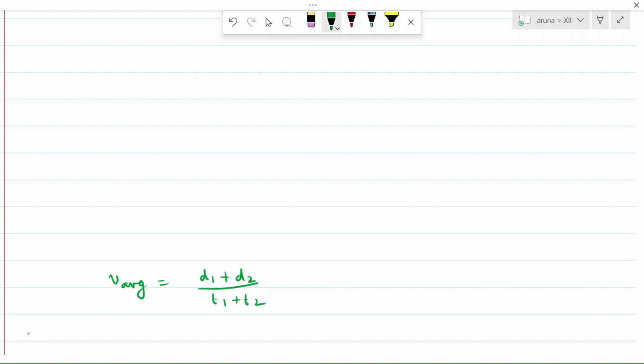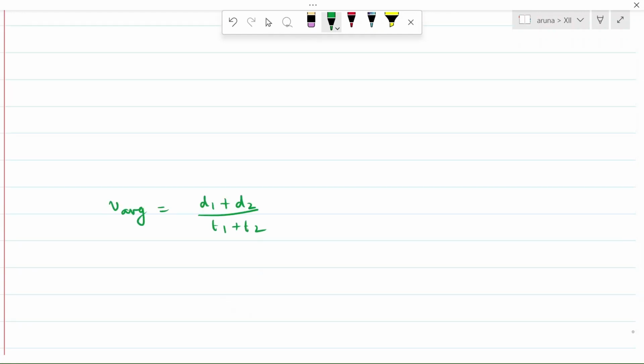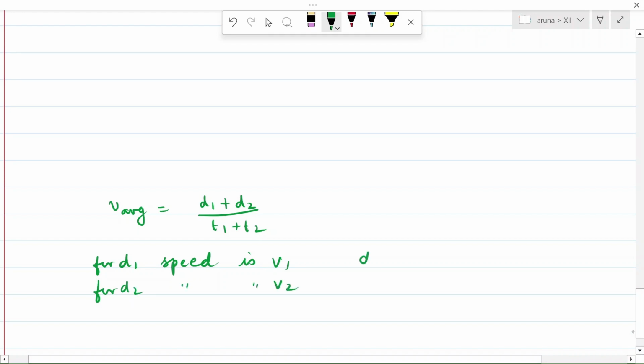Now it is possible that in some situations you're not given the distance or you're not given the time. Suppose I'm not given the distance, but I'm given the speeds for the two distances. So for d1, say the speed is v1, and for d2 speed is v2. d1 and d2 are not given. So in that case, what do we do?